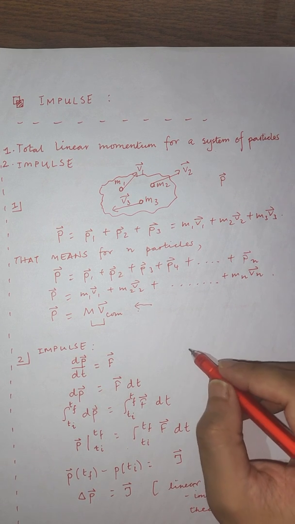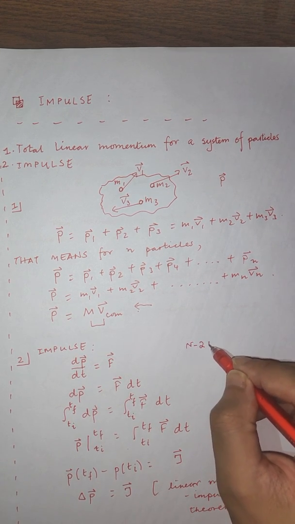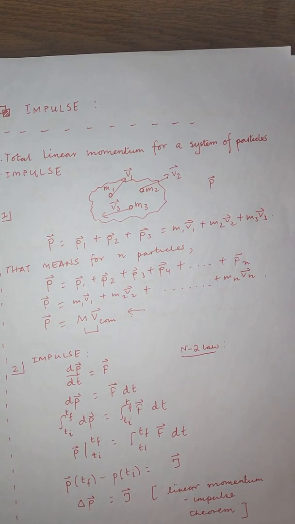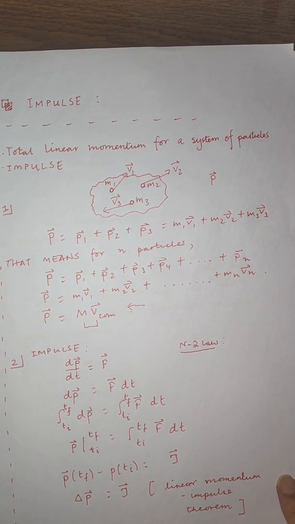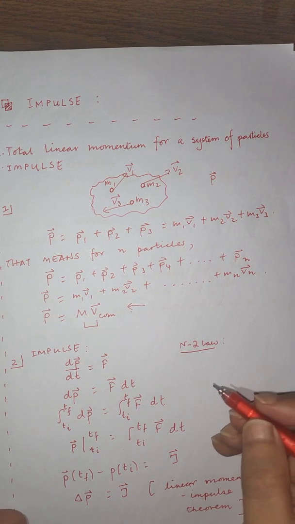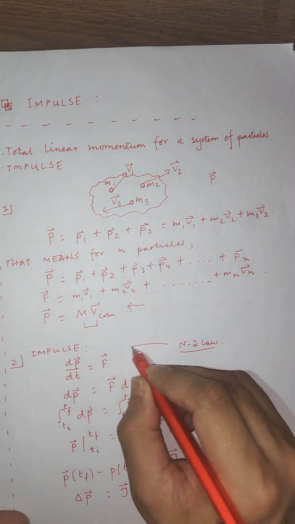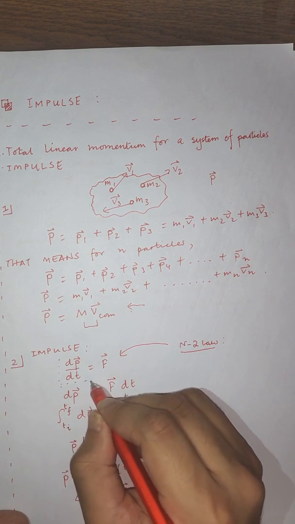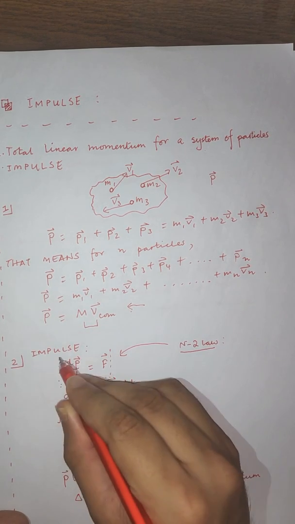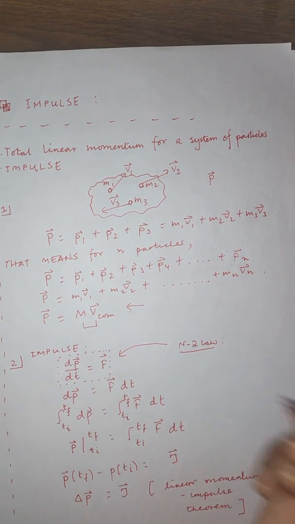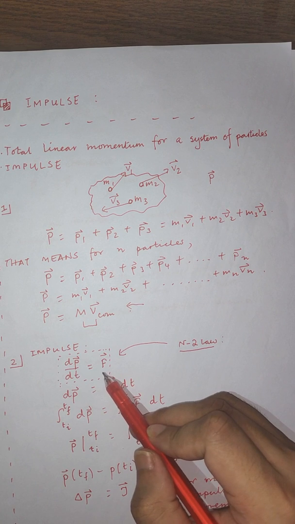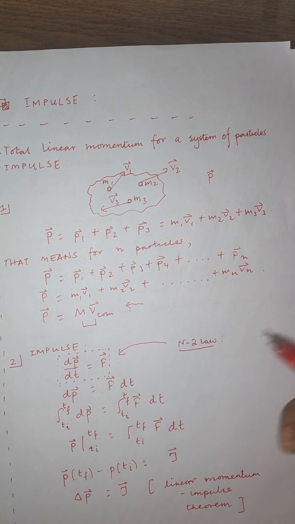Recall that Newton's second law can be written in this form: dp dt equals the net force.